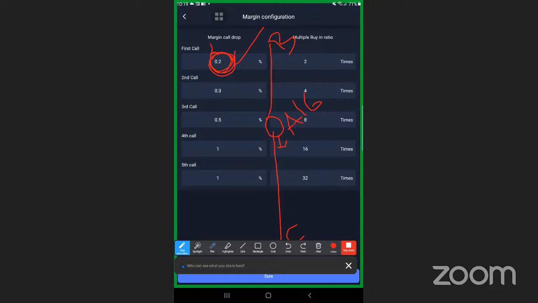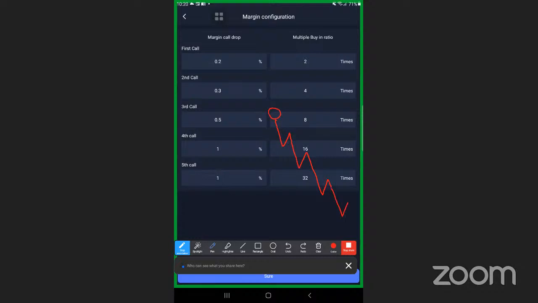Now what is left? The robot will be monitoring what we call the buy-in callback, the one I was showing you. So when the price falls, remember, it moves like this. When it is falling down, it moves like this. When the market is going down, it moves like this.